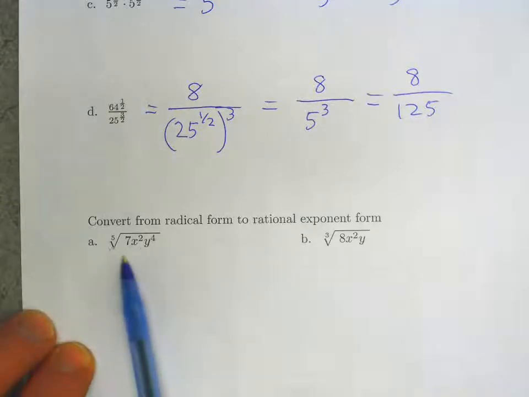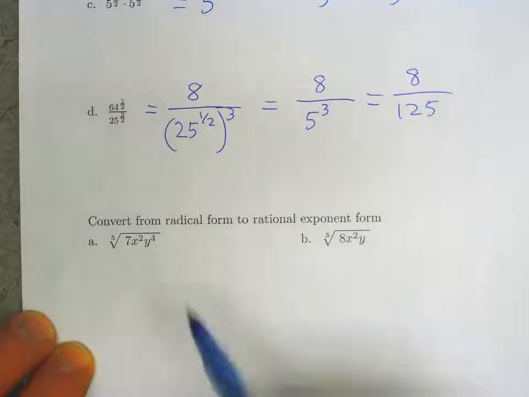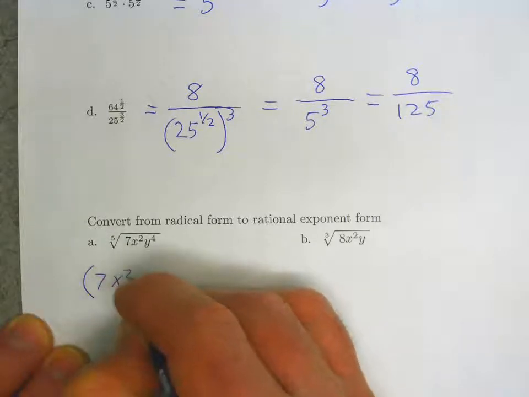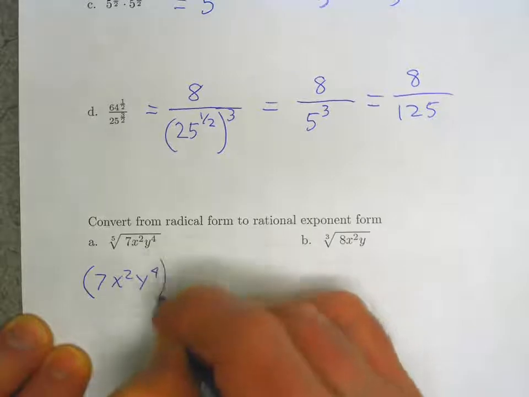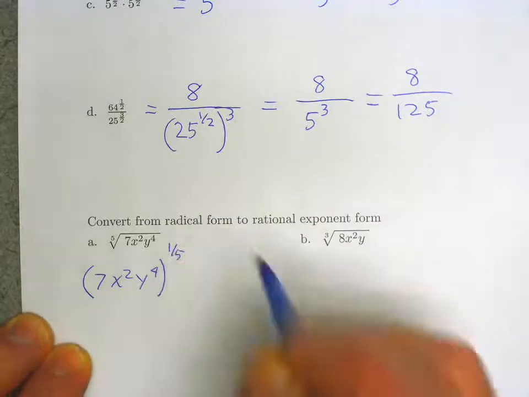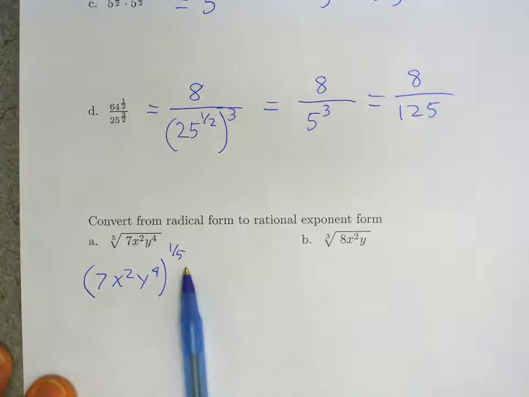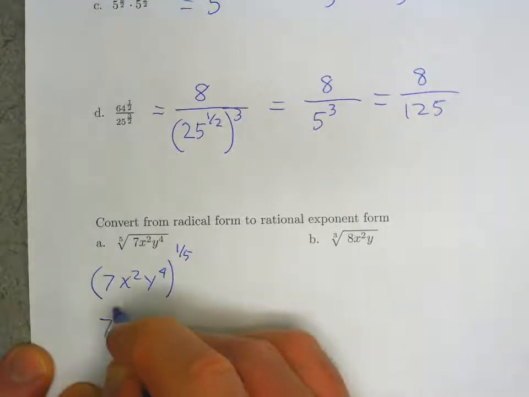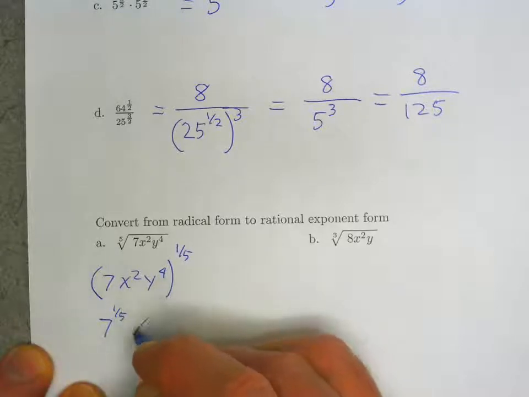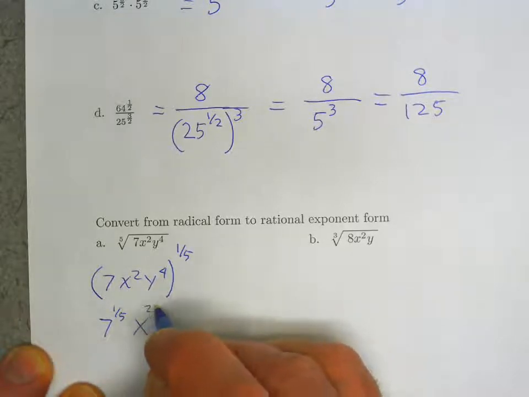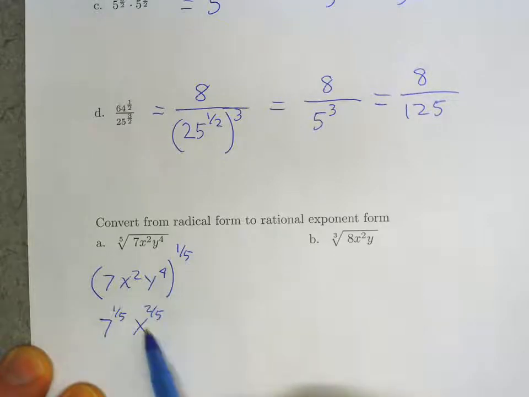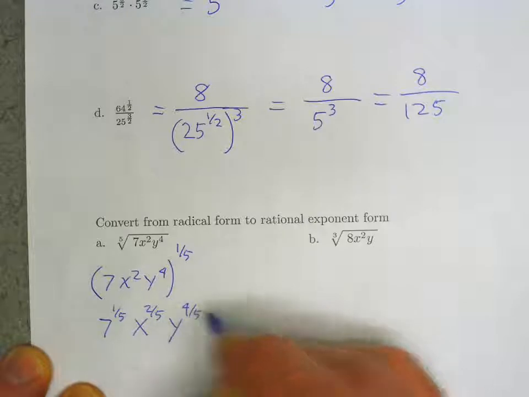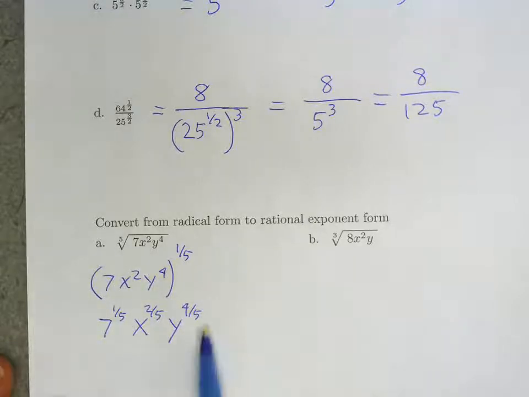So the fifth root of 7x squared y to the fourth, well, we start by writing 7x to the second y to the fourth to the outer exponent 1/5. And then we can apply one of the properties of exponents and write it as 7 to the 1/5 times x to the 2/5, because 1/5 times 2 is 2/5, times y to the 4/5, because 1/5 times 4 is 4/5.